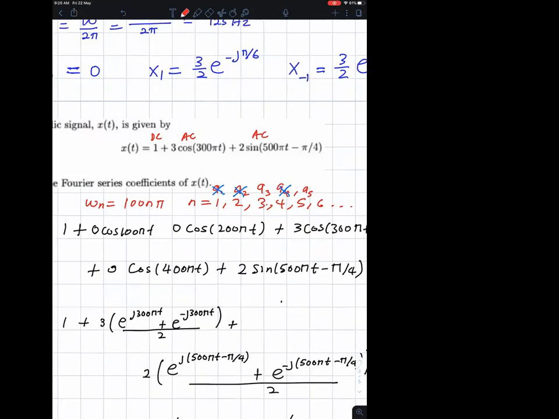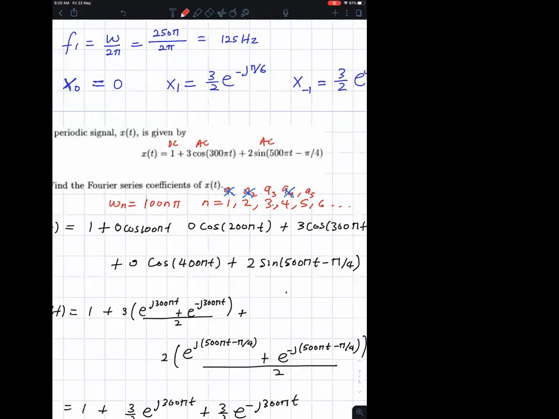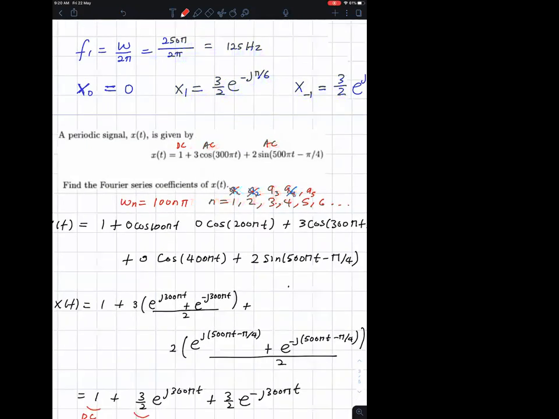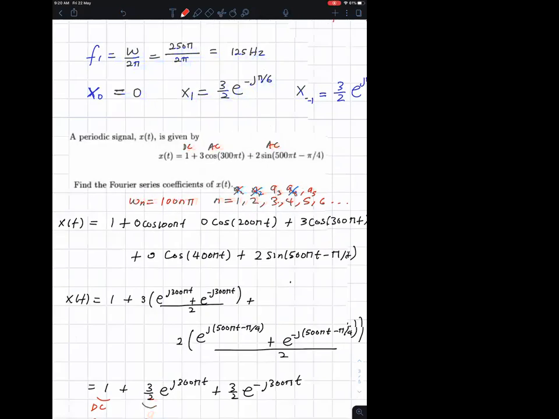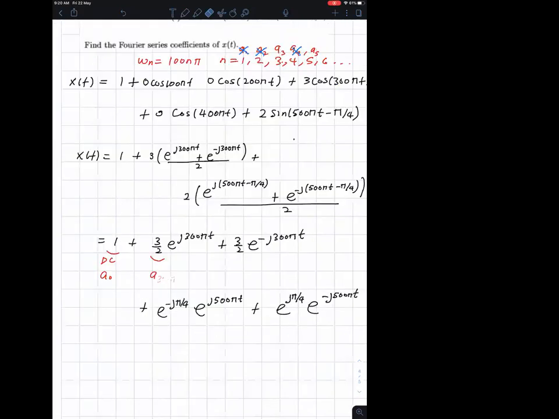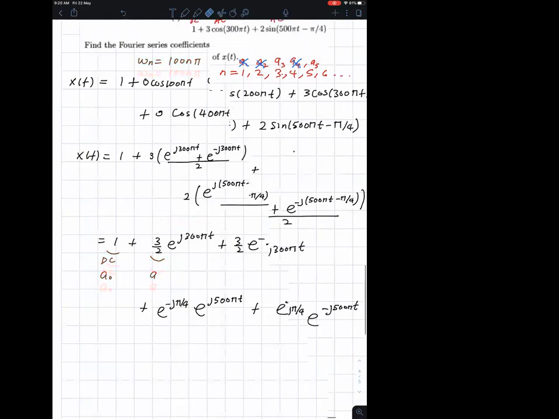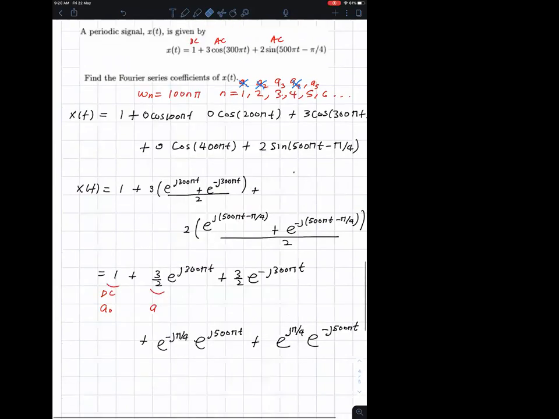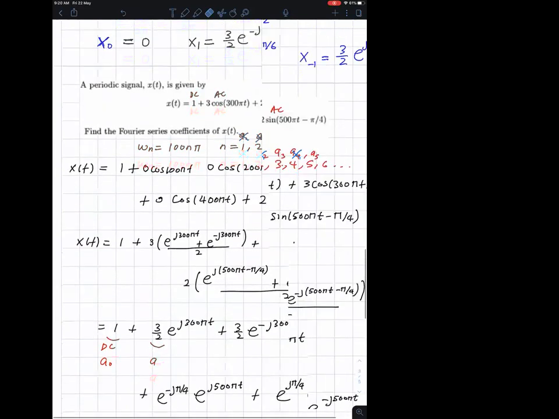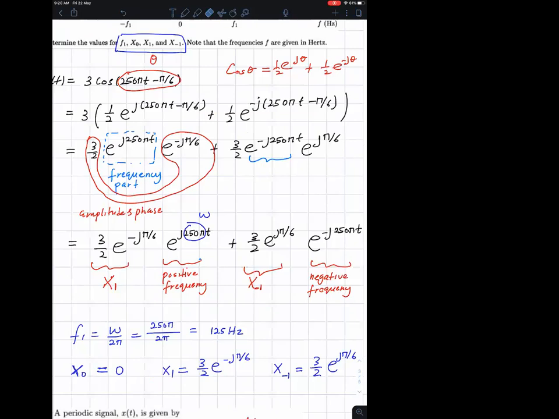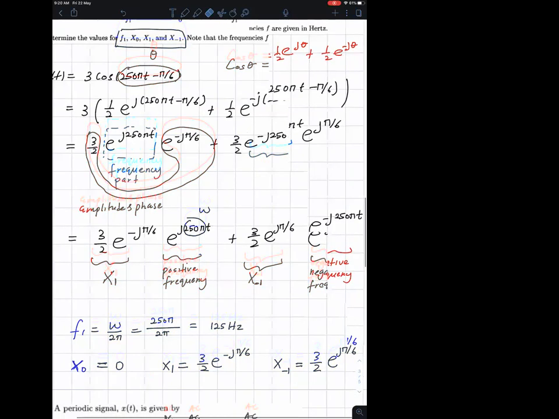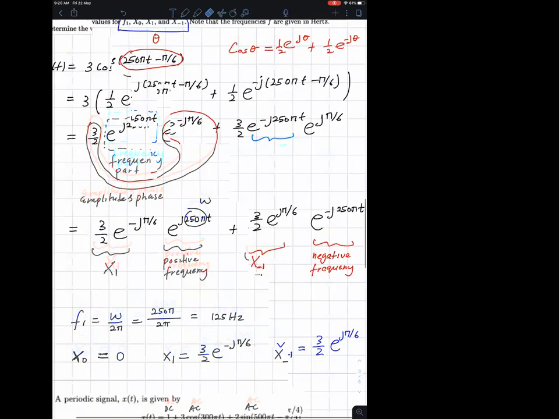Because we are not going to be putting A300 pi here. When we write the Fourier coefficient, we go like n equals 1, 2, and 3, and so on. As I mentioned earlier, when we do the Fourier series integral, usually we have n dependency of the frequency.